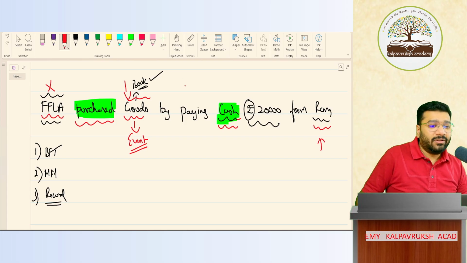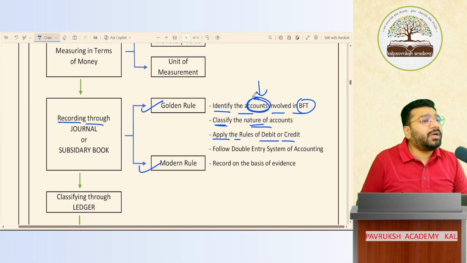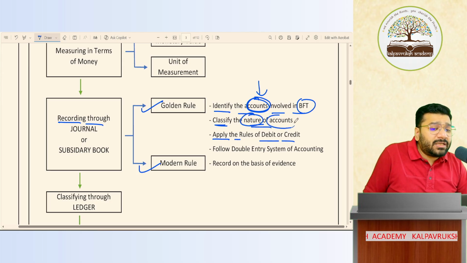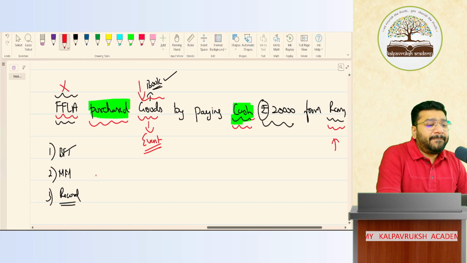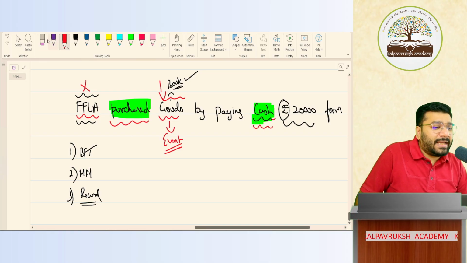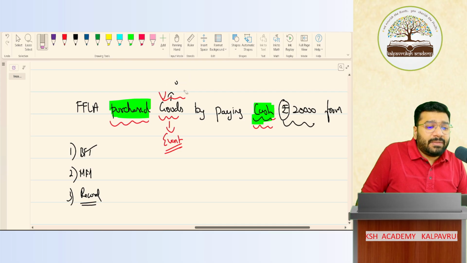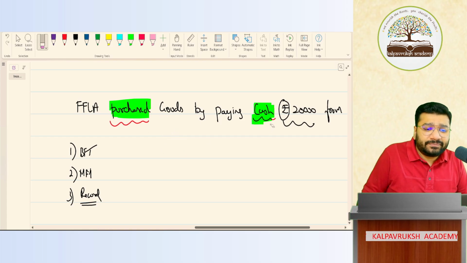Okay. So now we have identified that in this transaction, two accounts are involved. Now, what are we supposed to do? Classify the nature of accounts. Tell me, purchase is what classification? What flavor do you get from purchase?